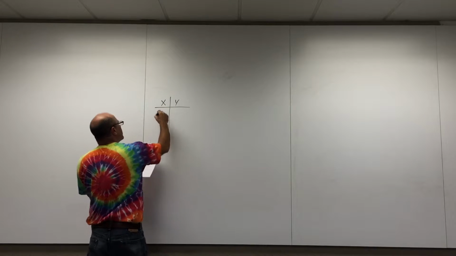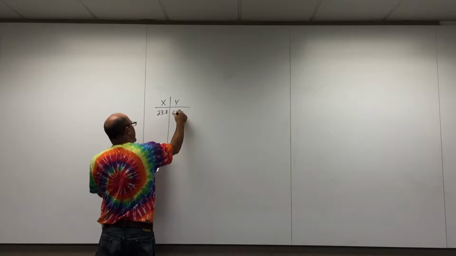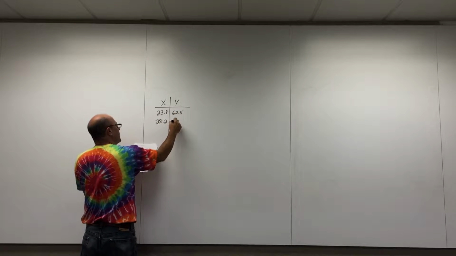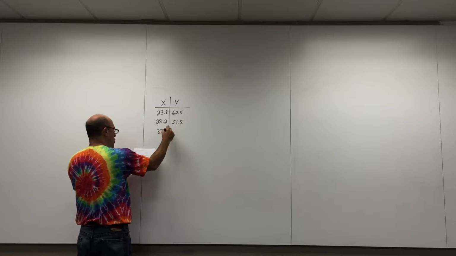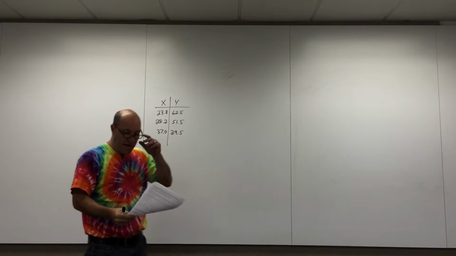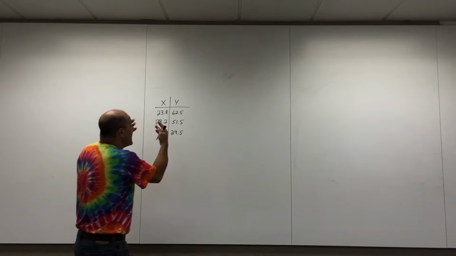It's 23.8 and 62.5, 28.2, 51.5, and 37.0, and 29.5. So the question is, find the equation of the line that satisfies this data.